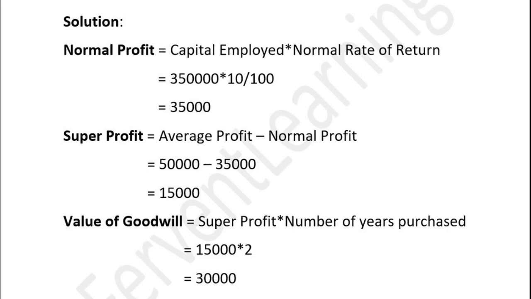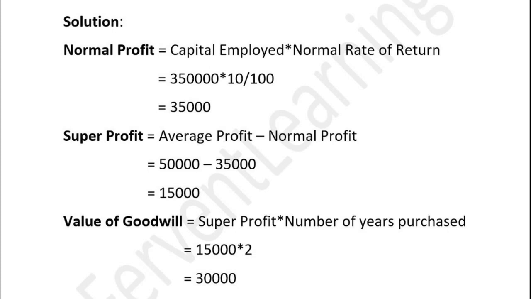Super profit is equal to average profit minus normal profit. Average profit is already given in the sum, that is 50,000, and just now we calculated normal profit, that is 35,000. So, 50,000 minus 35,000, we will get 15,000 as our super profit.